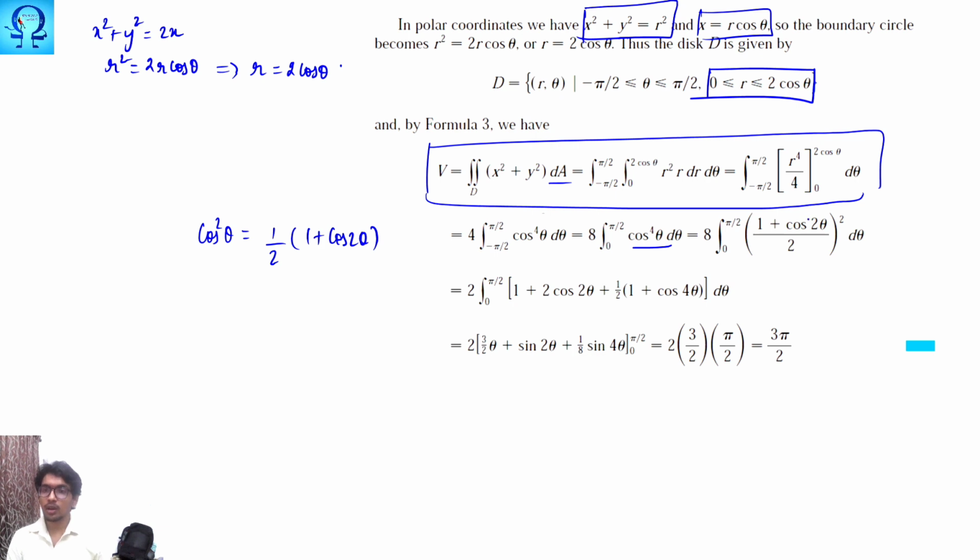So here you are going to have 8 integral 0 to pi by 2 of 1 upon 4, 1 plus 2 cos 2 theta plus cos square 2 theta. This 4 and this 8 get cancelled, so you are having 2 here. So 1 plus 2 cos 2 theta plus this cos square is again split like this, right? And then do the integration and you get this value.